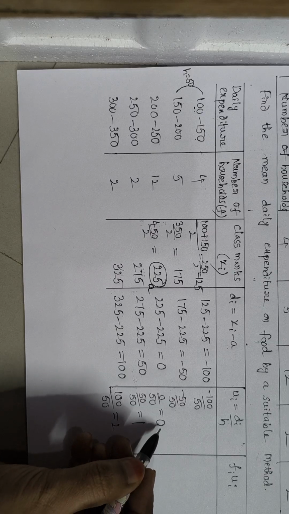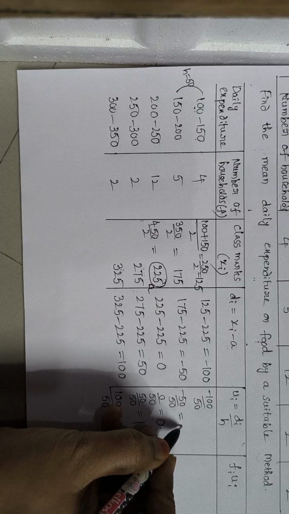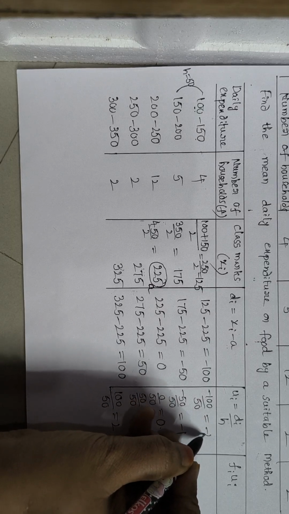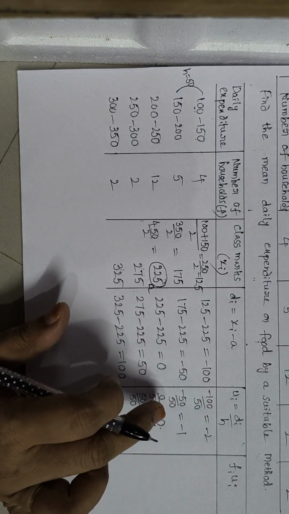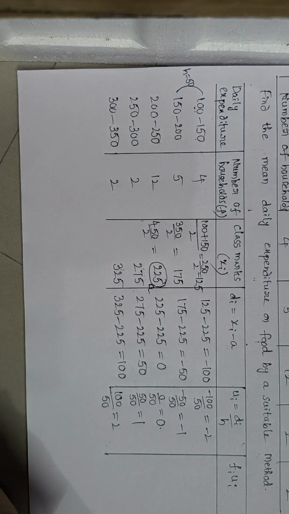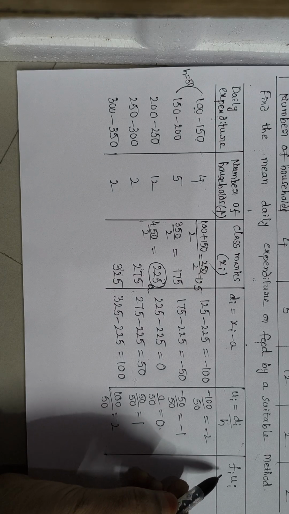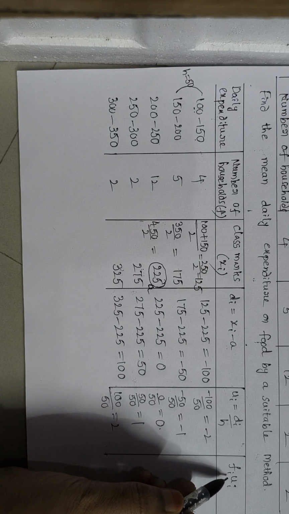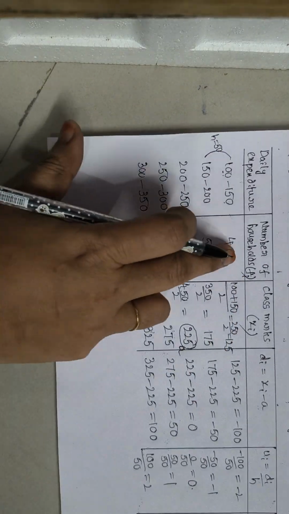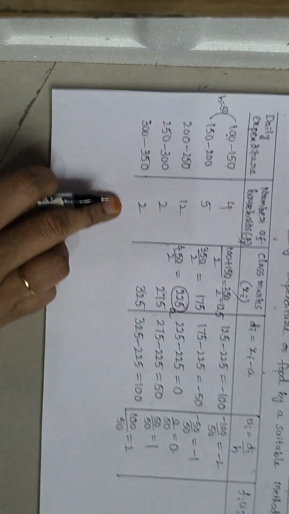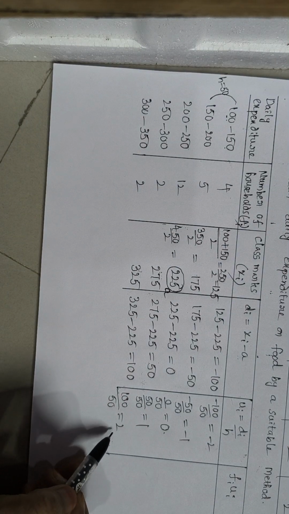Here the value is 0, here plus 1, plus 2, here minus 1, here minus 2. Because 50 minus 2s are minus 100, 50 minus 1s are minus 50. Now finally we find the values of fi into ui. What are fi's? 4, 5, 12, 2, 2. And ui's are minus 2, minus 1, 0, 1, 2.